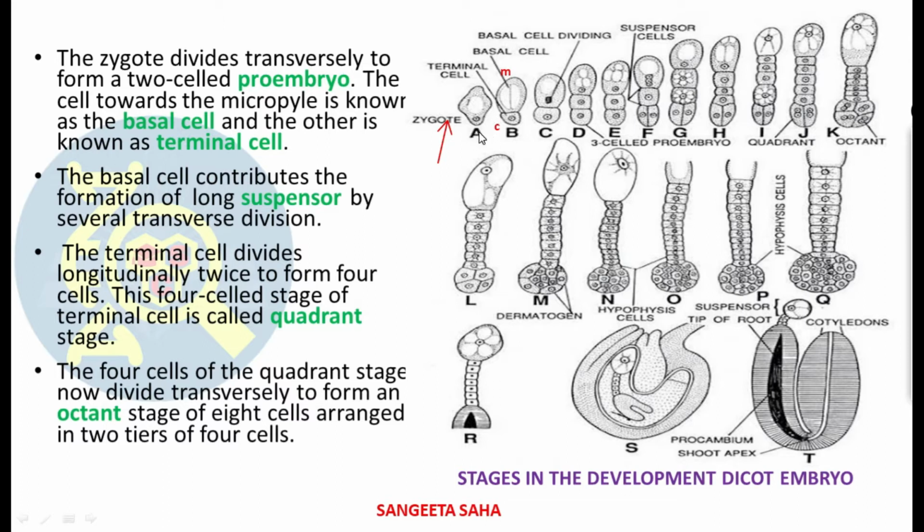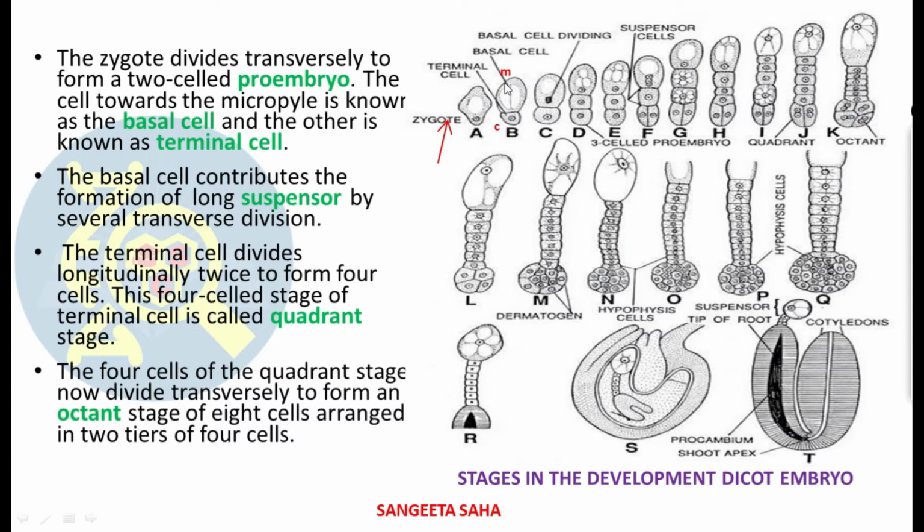Now here in this diagram, it is showing an orthotropous ovule where towards the micropyle is the upper part, showing the basal cell, and the one towards the chalaza is the lower part, which is the terminal cell. So to avoid confusion, we should not use upper or lower part, rather we should always refer to them as the micropylar and the chalazial end for better understanding.